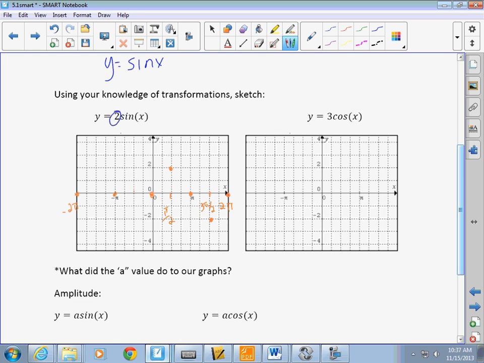So then that means on the negative side of the graph, at negative pi over 2, it's going to be down at negative 2. And then at negative 3 pi over 2, it'll be up at 2. So if this is my transformed graph with that amplitude of 2, this would have been my normal graph.